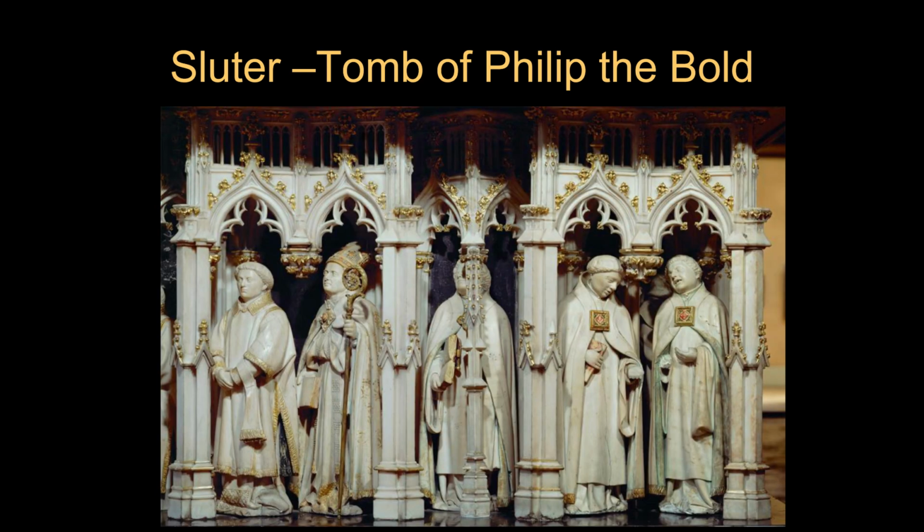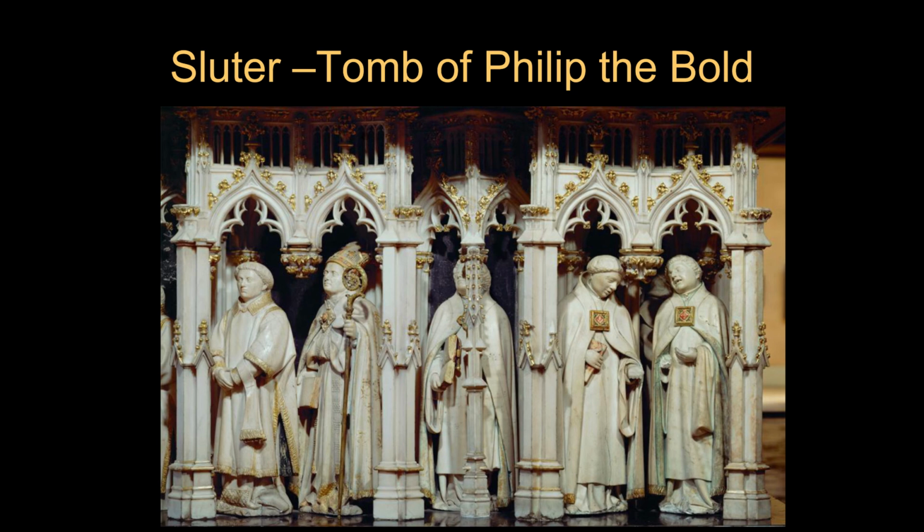You can see this beautiful architectural structure with all of these different statues, some are clergy. You can see here a bishop, his crozier and his bishop's tiara. You can see various dignitaries, and you can see the Carthusian monks.